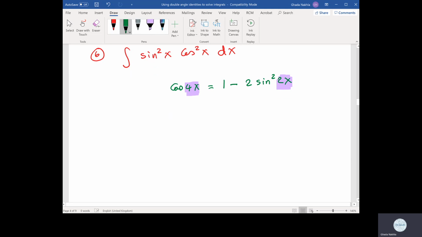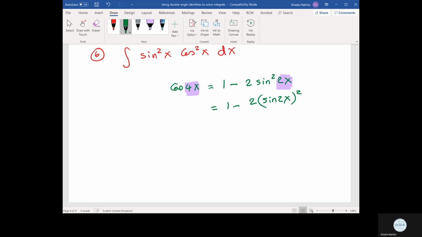So I can say that this is equal to 1 minus 2 sine 2x all squared. You can either write the square here or it's the same as all squared. So this is fine.